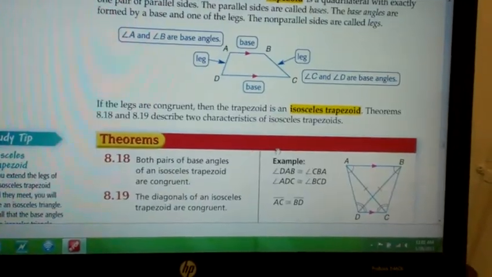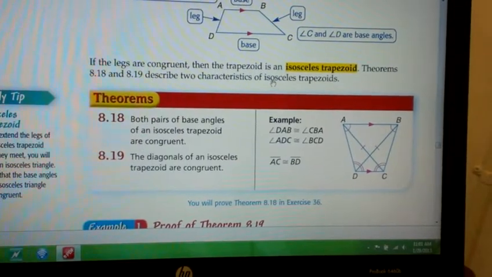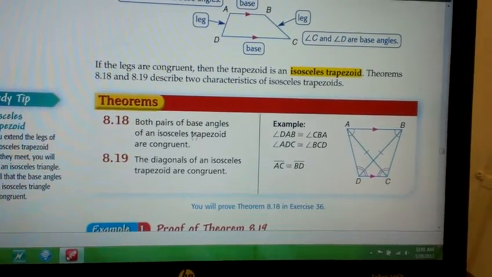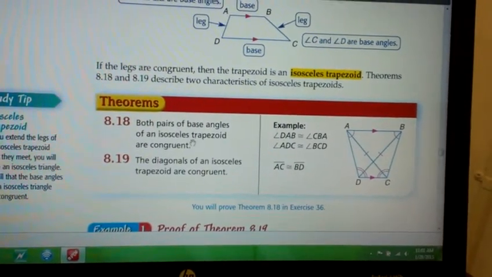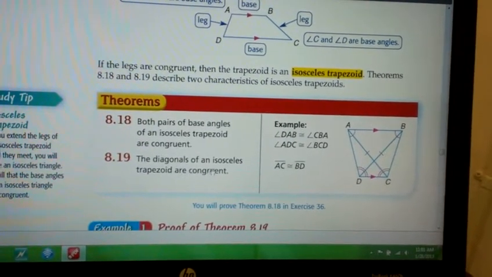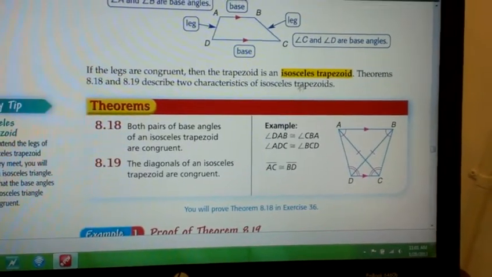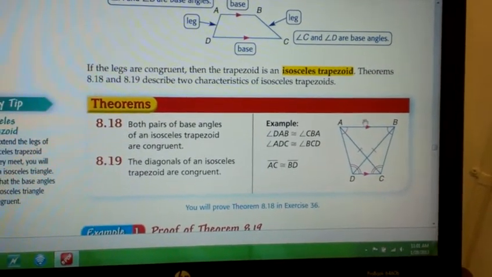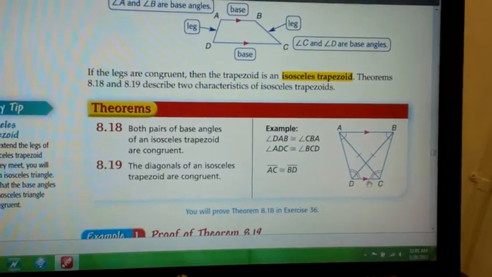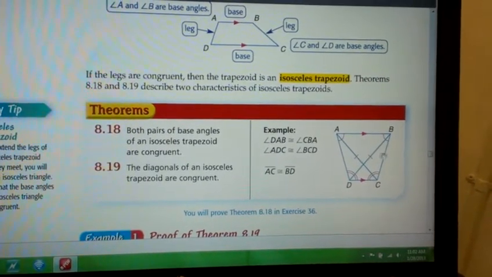Moving on. Here are some theorems about trapezoids. First of all, both pairs of base angles of an isosceles trapezoid are congruent, and the diagonals of an isosceles trapezoid are congruent. So in this case, we're talking about isosceles trapezoids. Here's the top base, here's the bottom base, and what's interesting is that this leg is congruent to this leg.